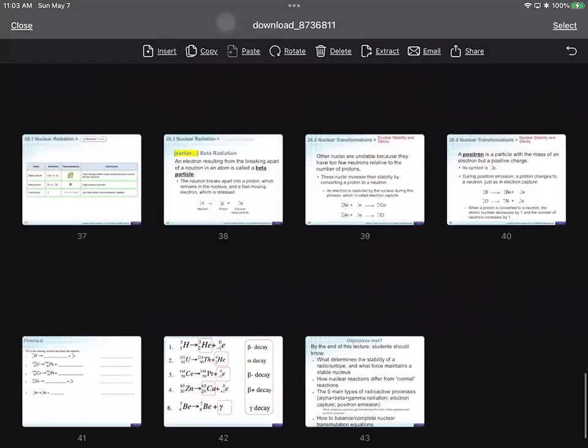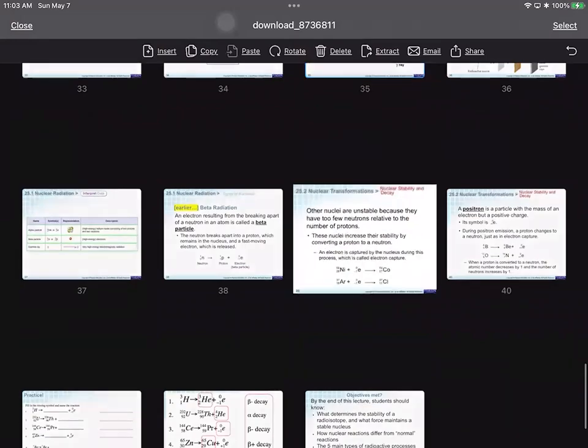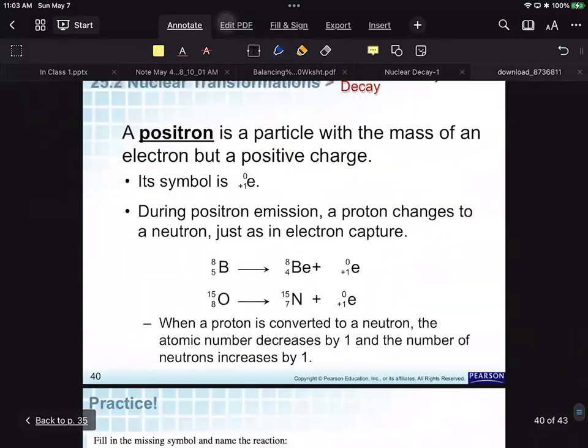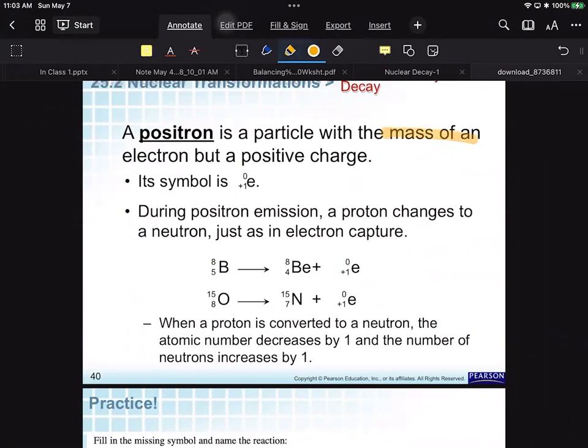Next up is positron. The positron is the same thing as a beta radiation, but it has a positive charge. So it has the mass of an electron, but a positive charge.